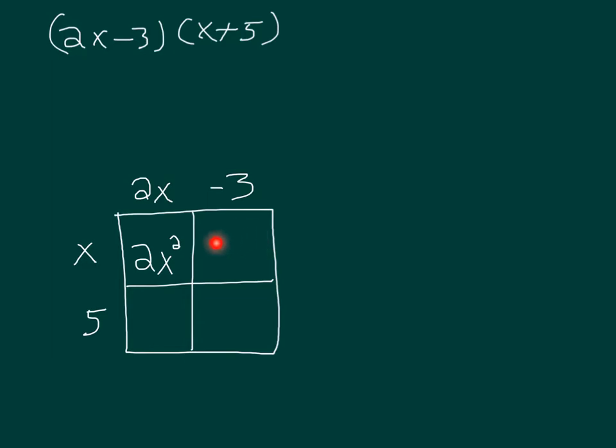To fill in the top right, I do negative 3 times x, which is negative 3x. In similar fashion, I'll get the bottom left to be 10x, 5 times 2x, and the bottom right to be negative 15, negative 3 times 5.